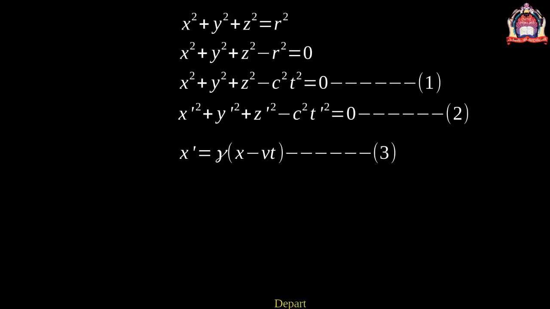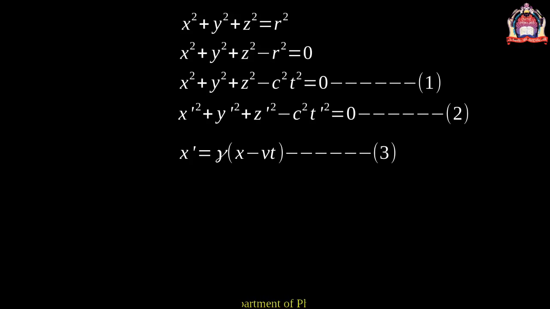The relation x dash is equal to gamma x minus vt is independent of x and t. The reasons for trying the above relation are: first, the transformation must reduce to the Galilean transformation for low speed, that is v by c tends to 0. And second, the transformation must be linear and simple. So we see that the relation is sufficiently general to satisfy the required conditions.